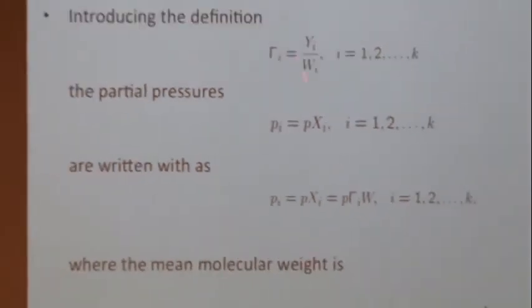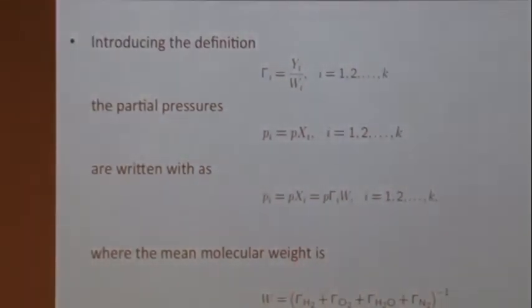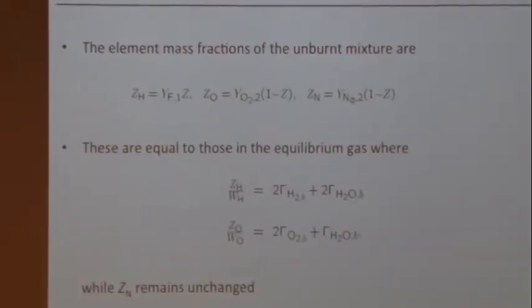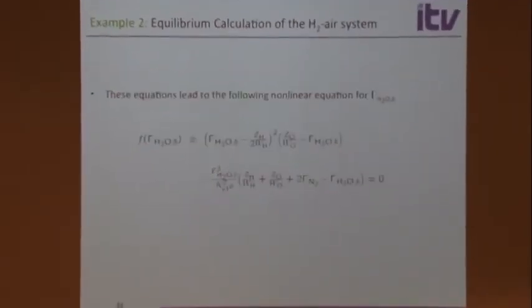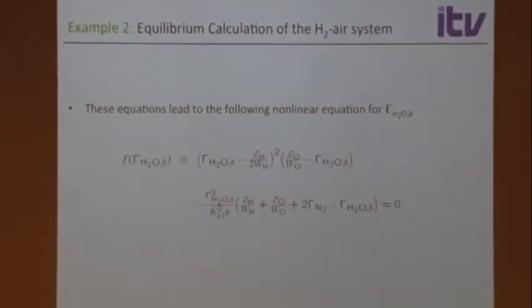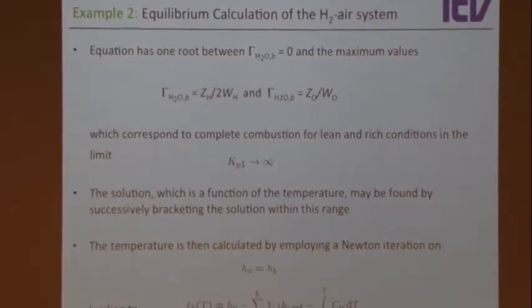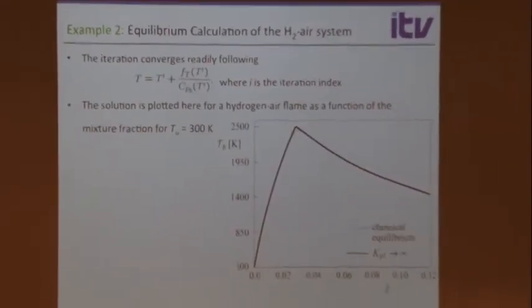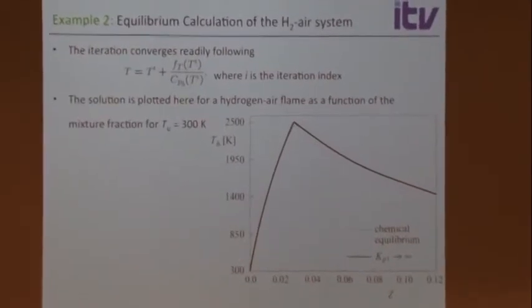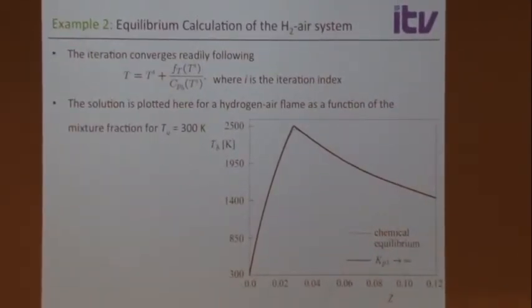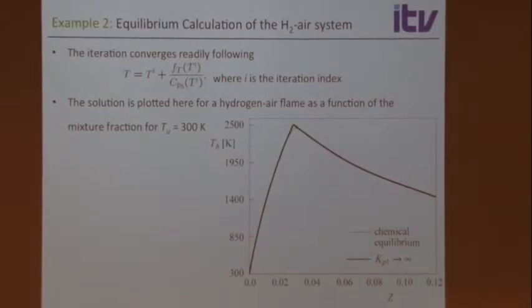Okay, so here we just use the element mass fractions again to relate the different mass fractions to each other. We don't want to go through this, but at the end of the day, this is the equilibrium temperature. And one thing is interesting is mentioned here.